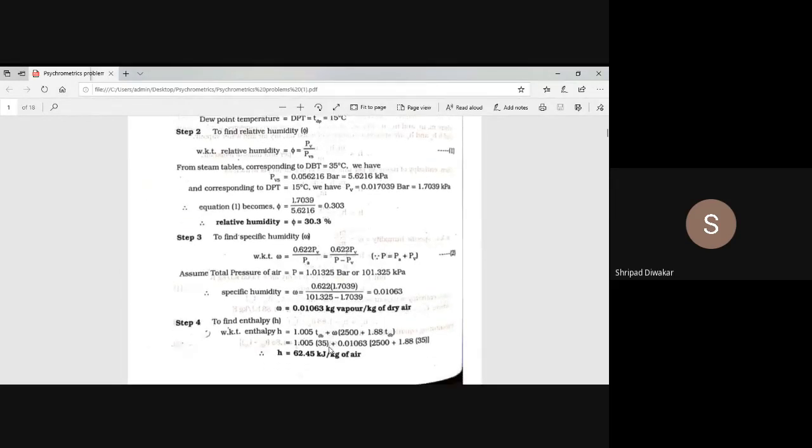And the third formula is enthalpy. Same formula, no change. Enthalpy is 1.005 TdB plus omega, the specific humidity we calculated just now, into 2500 constant plus 1.88 TdB.